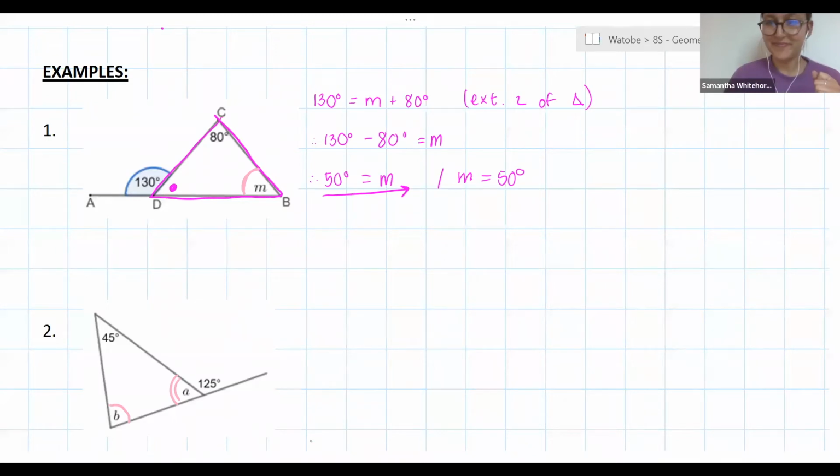Ma'am, I said B is equal to D, and then I worked out D, saying that it's sum of angles on a straight line. Would that still be correct? Okay, so are you talking about question 1? Yes, ma'am. Just be careful. We can't say that angle D is equal to B because I haven't told you that the sides are equal. So we don't know that those angles are equal. Oh, okay. Okay, cool.